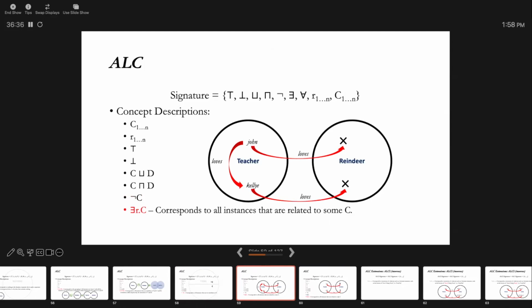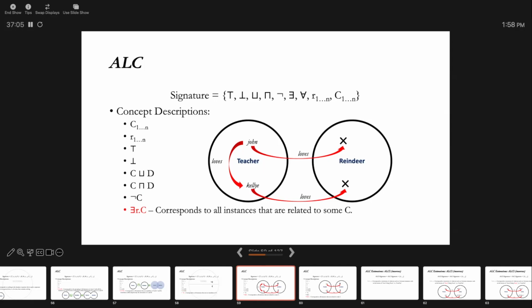But here's what you should read when you see this. There's an implicit universal quantifier right before the existential that says for all X, there is some Y, that E is ranging over, such that if X is related to Y, then Y is a C. That's how you read that.